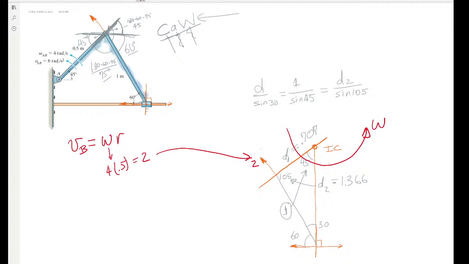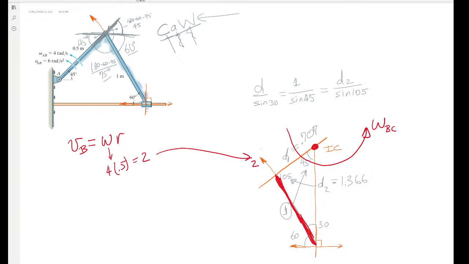So what is omega CB? This link. Remember, that is this link. So it appears like you could do it BC, CB, it doesn't really matter. But it appears like this triangle is rotating about this instant center right here.